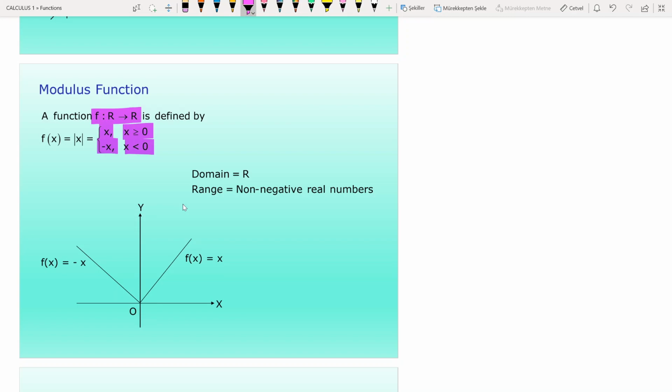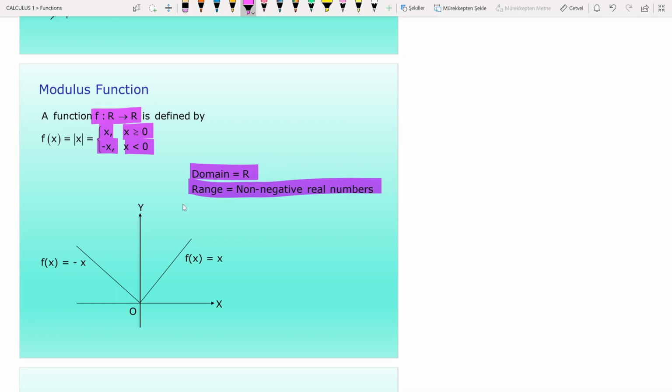Since it is defined for each x, the domain is the set of real numbers. What about the range? For each real number x, the modulus function cannot be negative. So the range is the non-negative real numbers.